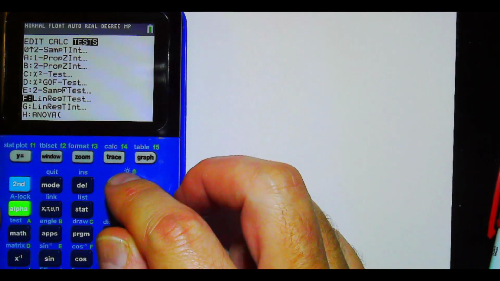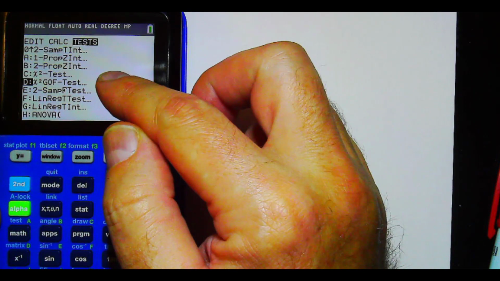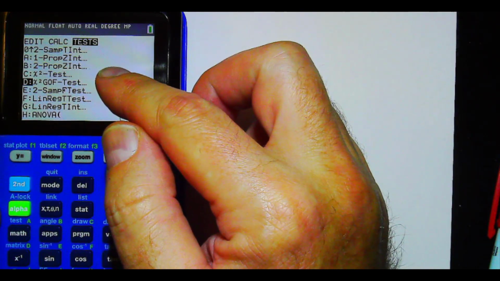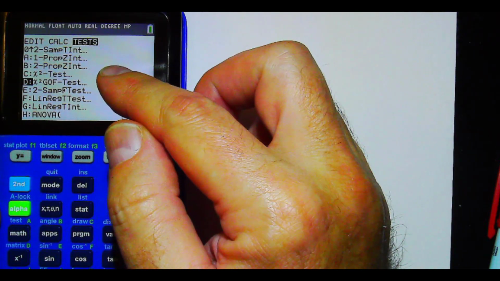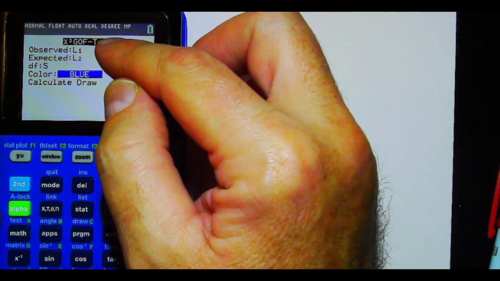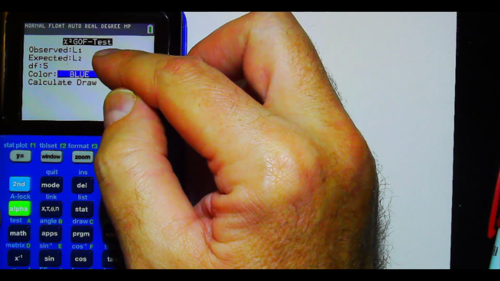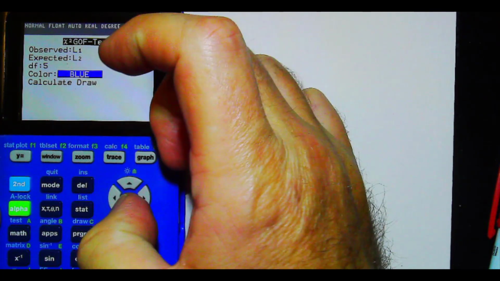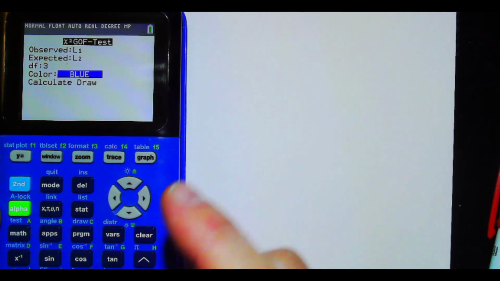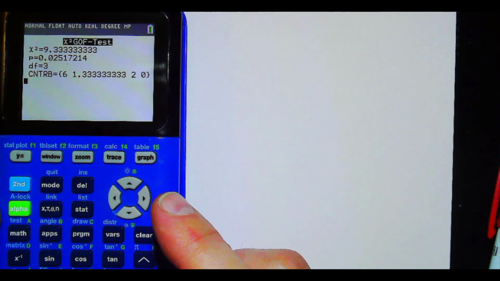If I go up from the bottom, there is a chi-square GOF, that's goodness of fit test. That's what we want. The observed values I placed in list 1 and the expected values in list 2. The degrees of freedom is 3, and so we're good to go.